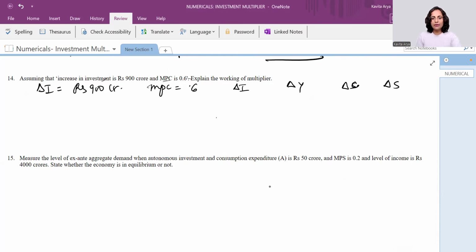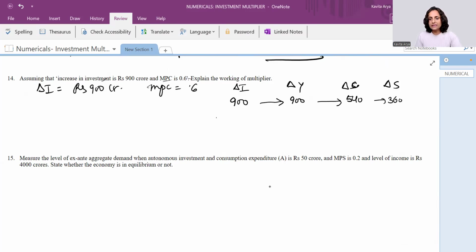So what are the values? If we are beginning with 900, and this in the very first round becomes 900 as the income, so 60% of it would be consumed. So that is 540 and 360 is going to be the left out, that is 40%.